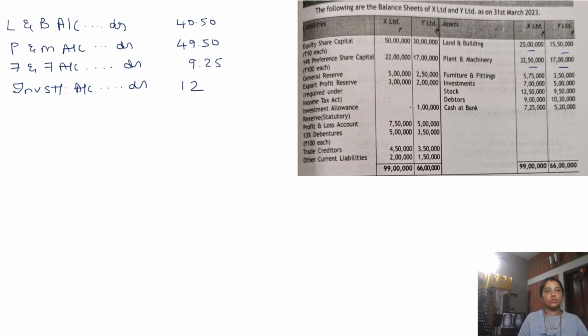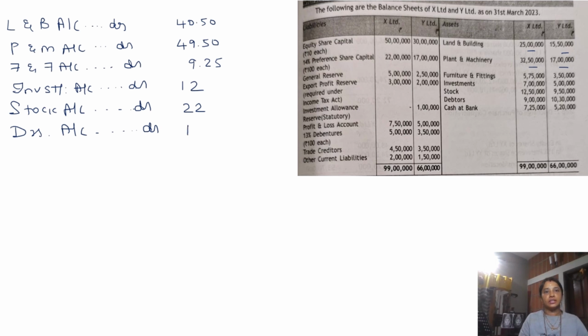Then stock account. X's stock comes to 12 lakh 50,000 and Y's is 9 lakh 50,000. Total comes up to 22 lakhs. Then debtors account. X's debtors is 9 lakhs and Y's is 10 lakh 30,000.